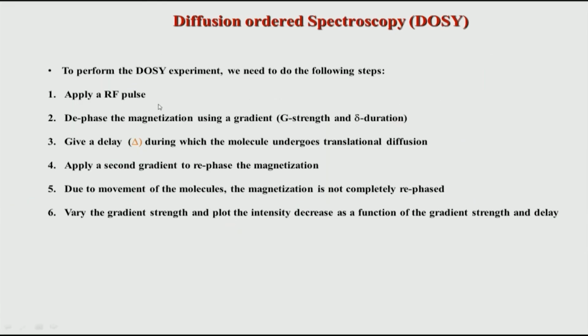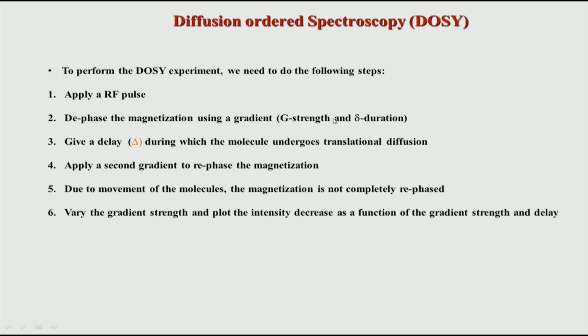So, this is the flow chart. This is typically what is done in DOSY. We first apply an RF pulse, then we dephase the magnetization by using a gradient, and when we apply this gradient, we have to specify how the gradient is measured. Gradient is measured by 2 parameters.